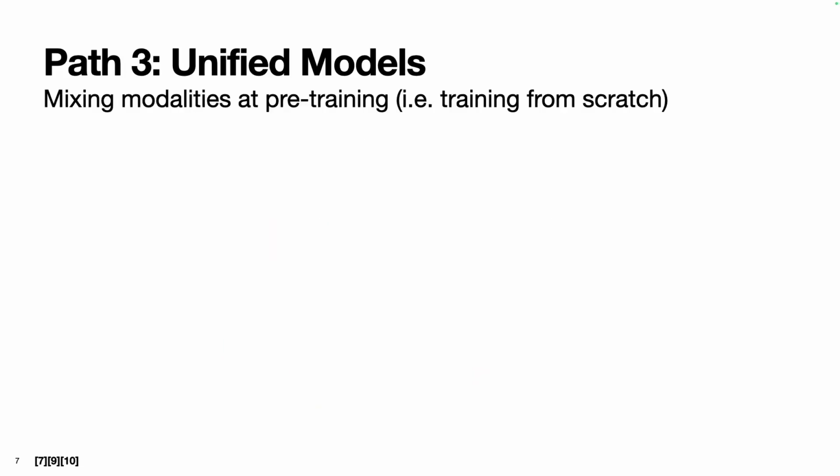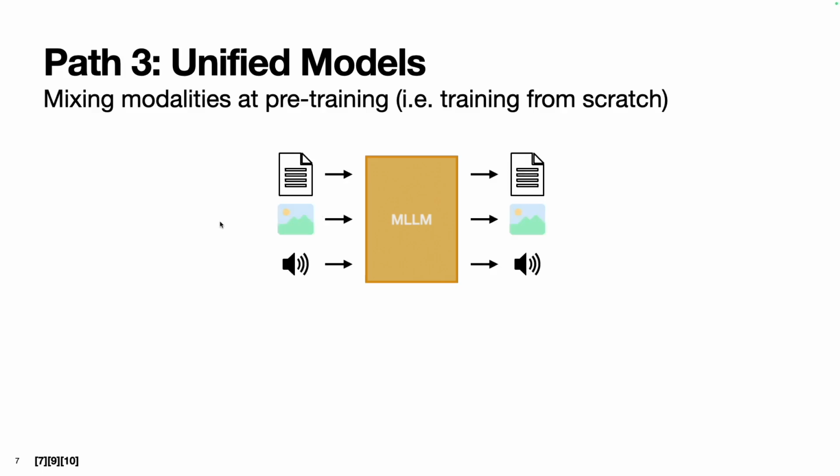The final way that we can make large language models multimodal is by mixing modalities at pre-training. In other words, training the LLM to be multimodal from scratch. This will greatly simplify the inference architecture because the model can natively take in any data modality and spit out whatever data modality you train it to do.